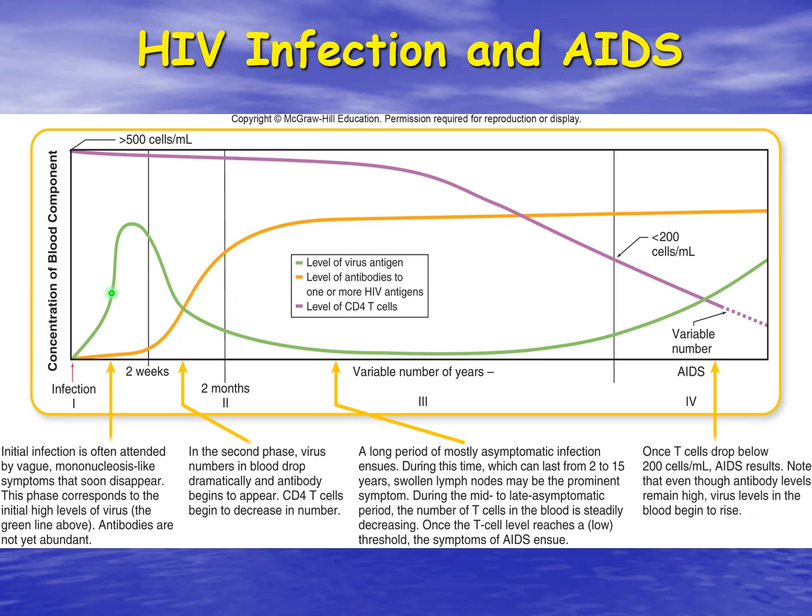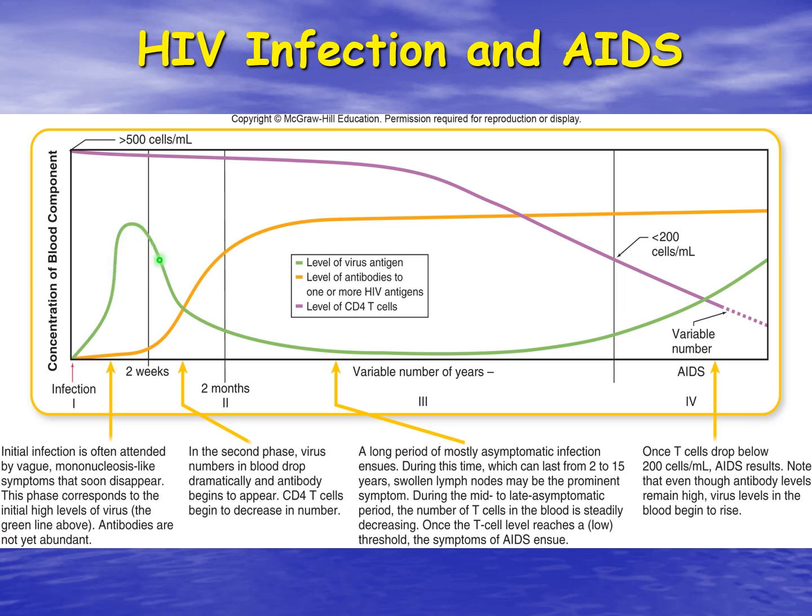HIV is a retrovirus. The retrovirus carries reverse transcriptase. Once inside the T helper cell, the reverse transcriptase will make a complementary DNA strand, double strand, of the viral RNA.